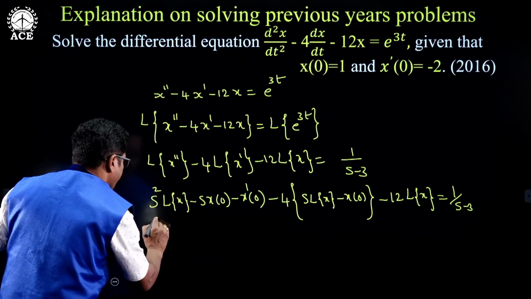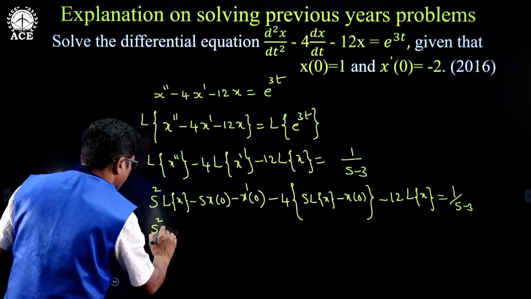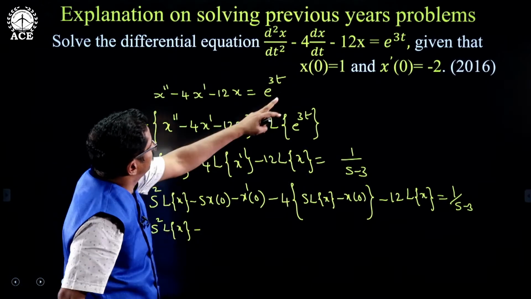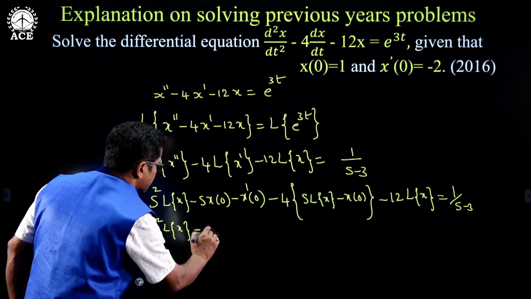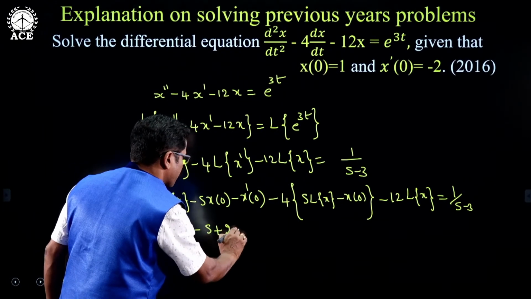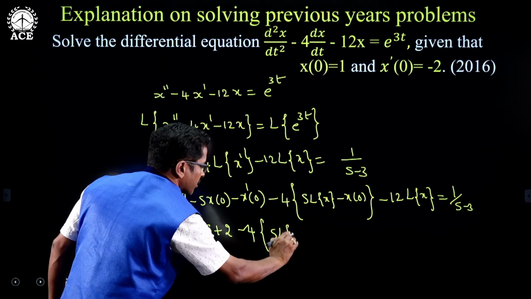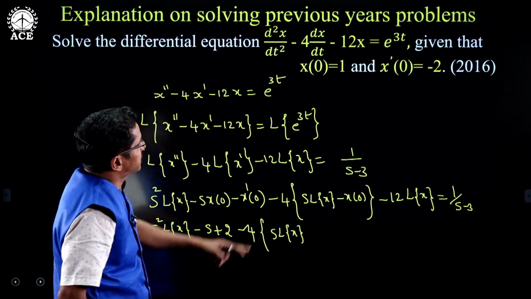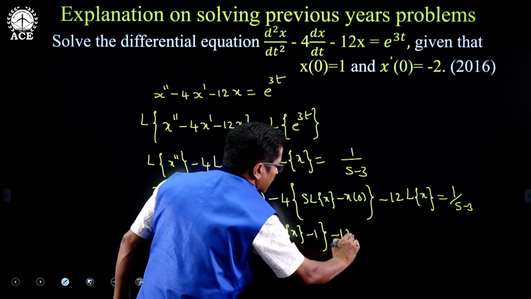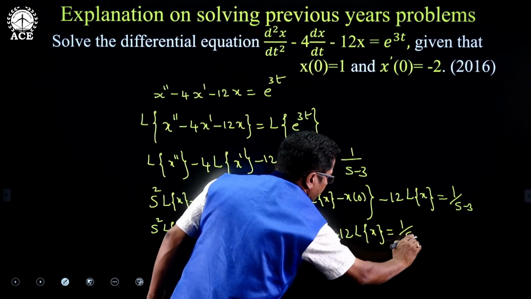So s square into L of x minus x of 0 is 1, 1 into s is s, x dash of 0 is minus 2, means plus 2 it becomes, minus 4 into s into L of x minus x of 0 is 1, minus 12 L of x is equal to 1 by s minus 3.